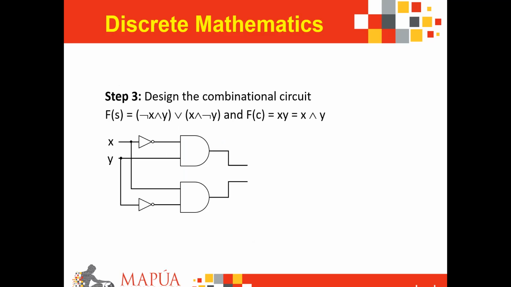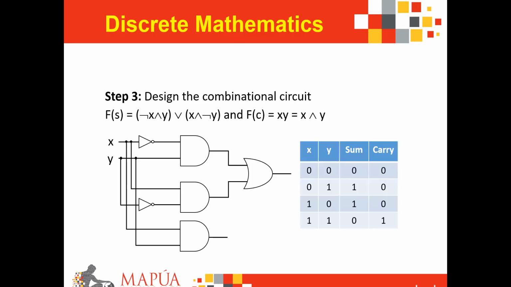The outputs of these AND gates are connected to your OR gate, which eventually represents the sum. Next, your X as well as your Y is simply connected to another AND gate. This output represents your carry. And if you simulate this combinational circuit, it should output this respective truth table that we previously formed in step 1.